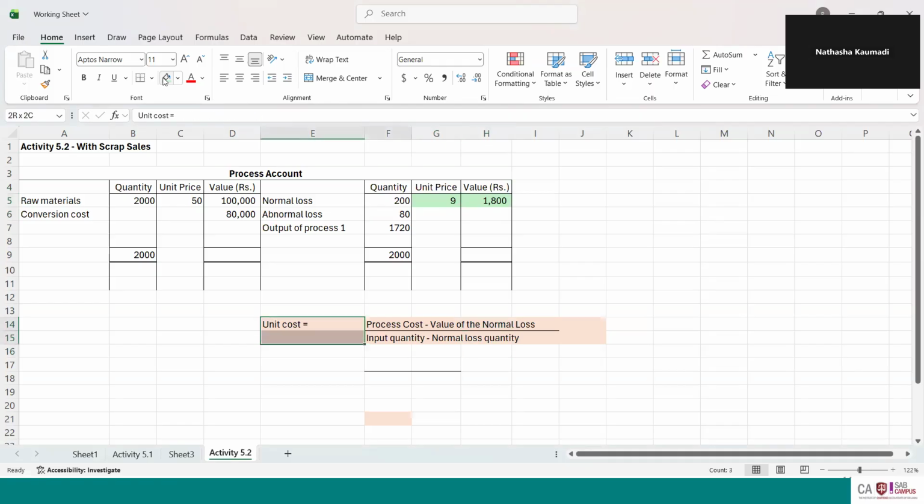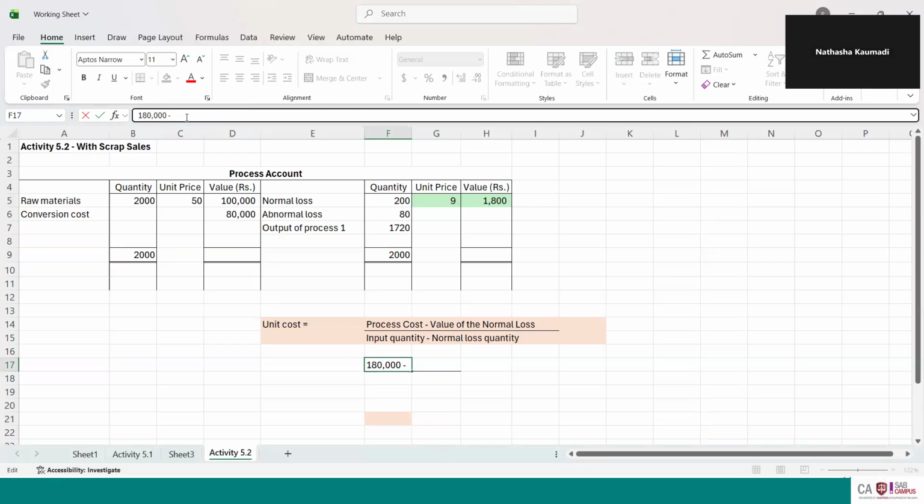So you can use the same formula. How much is the process cost? It's 180,000, right? 180,000 minus value of the normal loss. Now here in this activity, we have a value for normal loss. Previously, we didn't have. Value of the normal loss is 1800.